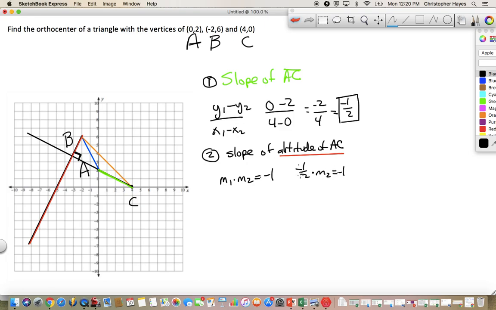So I know, therefore, if I multiply both sides by negative 2, I'm going to get that m2 equals 2. So now I know my slope of this altitude is 2. So the next thing I need to do is come up with the equation for it.